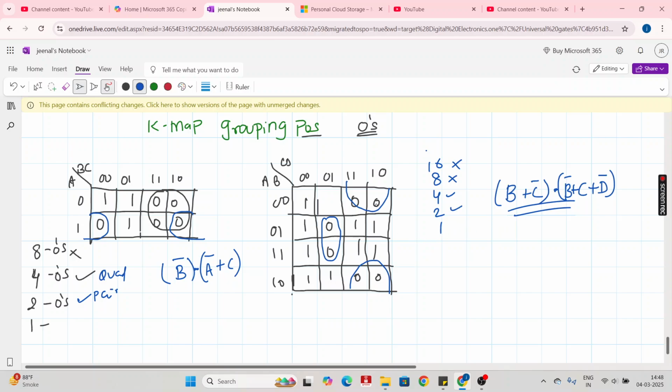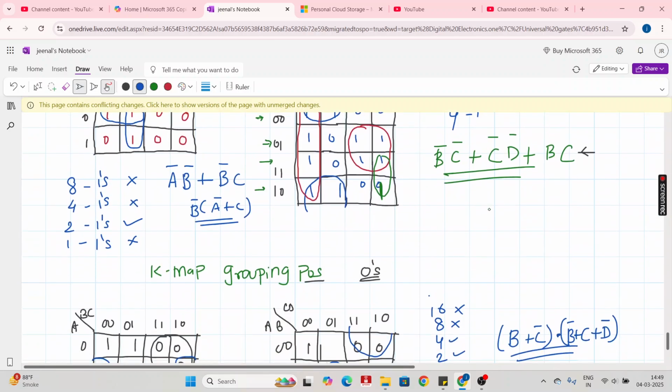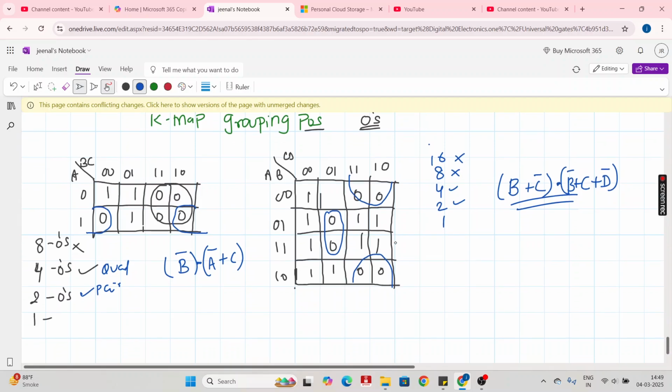So this is how you group zeros and write a POS, and in the previous numerical we did an SOP. For example, if you had a single 0 here, then how would you group it? Here it is possible to have a pair with this, but in any case if you had a single 0 to be grouped, then how do you write the equation?